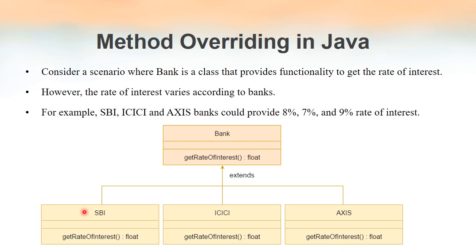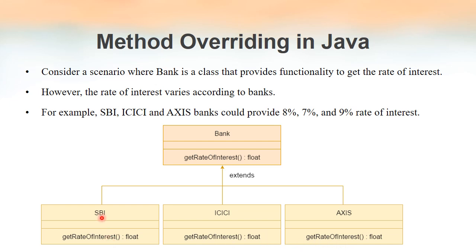Because SBI extends the class Bank, all the variables and methods inside Bank will be available for class SBI also. Since getRateOfInterest is available inside Bank, naturally due to inheritance this method will be available for class SBI. Similarly for ICICI and Axis also.